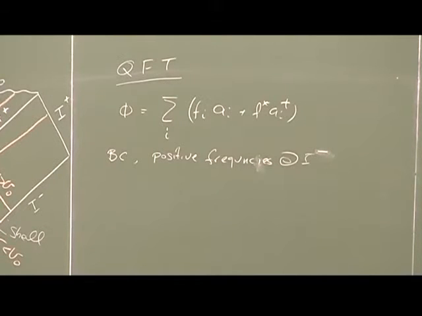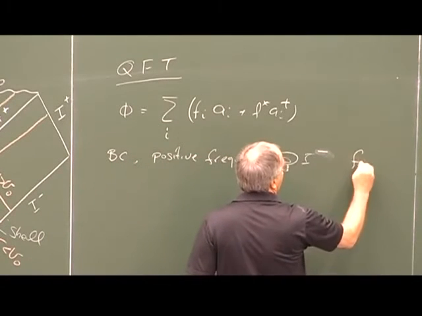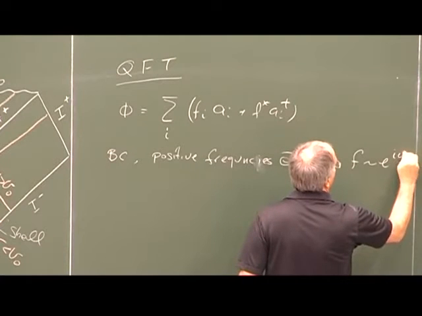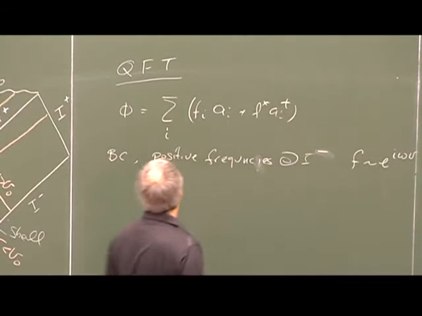We have to define positive frequencies, and we have to put boundary conditions. And so in this case, f goes like e to the i omega v.